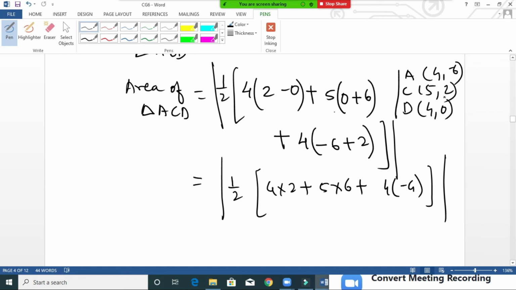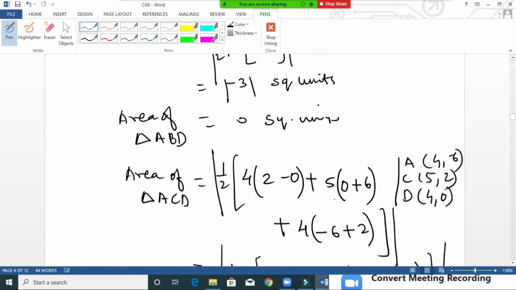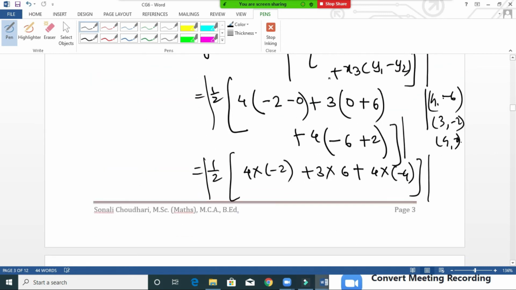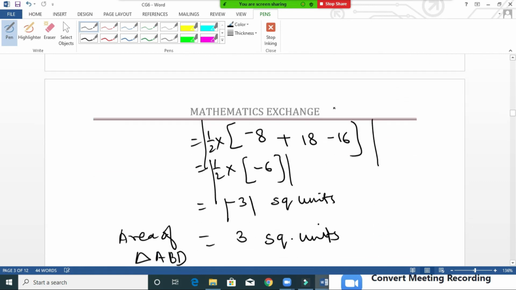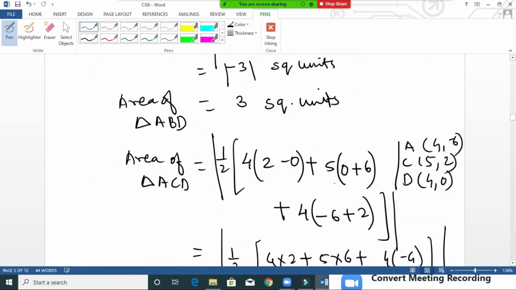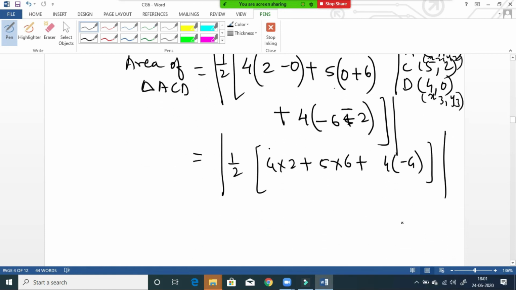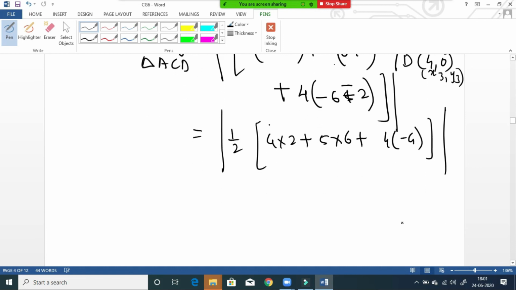So it becomes, instead of plus 2 we have to write down minus 2 here. So in the last bracket we have to write down minus 2. So plus 4 into minus 6 minus 2. So minus 6 minus 2 is minus 8.